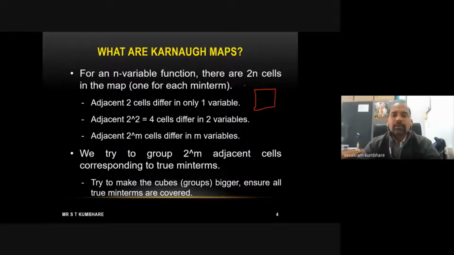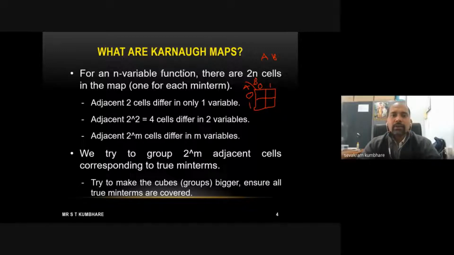Suppose I have 2 variables in a function, let us say A and B. On one side I can have A, on the other side B. A can have 2 values, either 0 or 1, and B also can have 0 or 1. So I will have 4 cells.